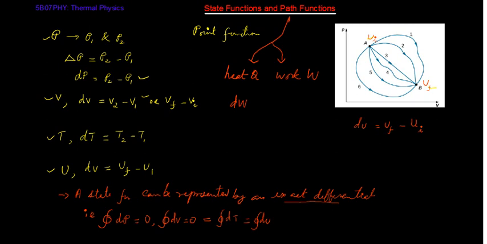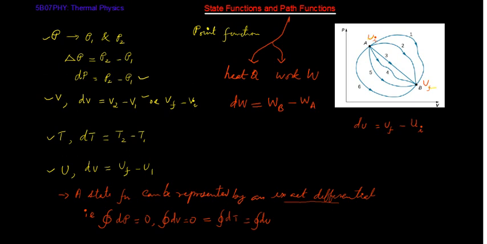The system is initially at a point A and finally achieves a state B. If I want to find the infinitesimal work done between A and B, can I write this as WB minus WA?